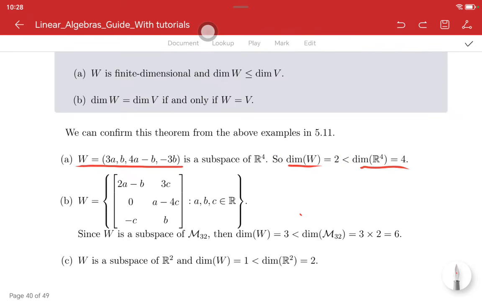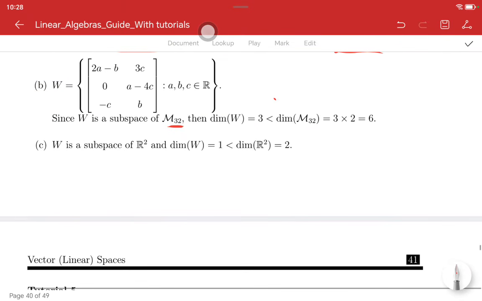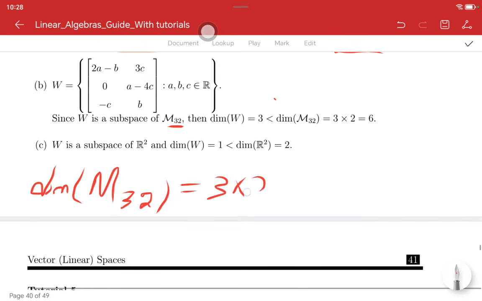Also on the second one, we're in a space of 3 by 2. You remember yesterday I showed you that you can find the dimension of it by multiplying those numbers there. You say, right, you get the 6. So the dimension of this is 6, but the dimension of W in that case was 3. We have 3 unknown variables, so we got 3 vectors.